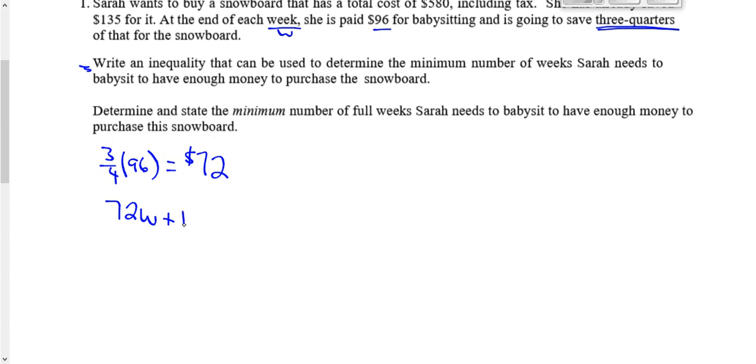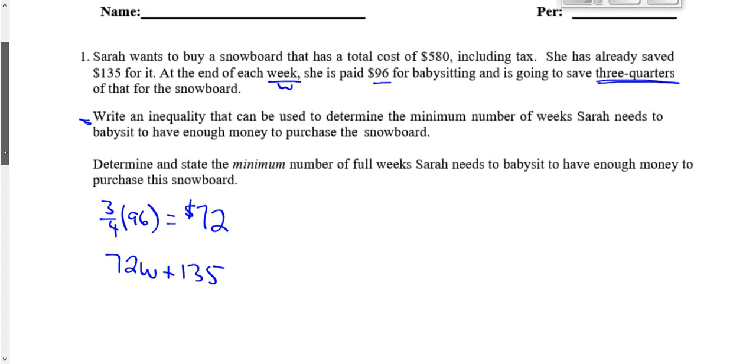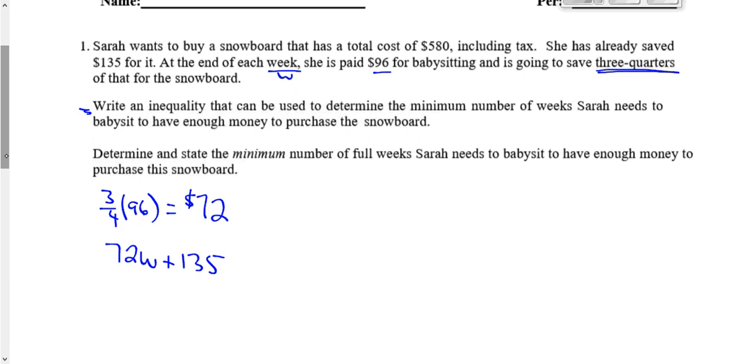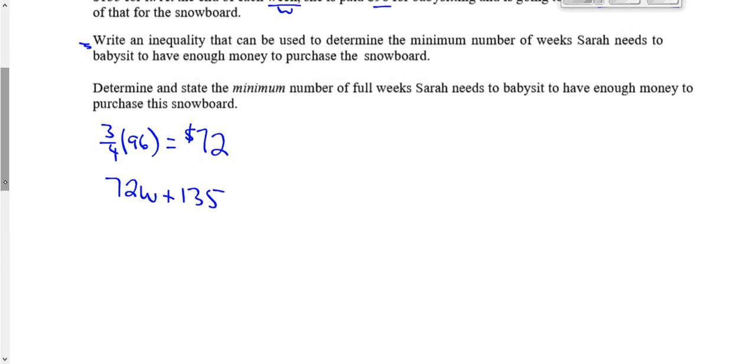She already has 135. Every week, she's saving $72 of her paycheck. She started with 135. How much money does she need to have? Greater than or equal to $580. So this has to be greater than or equal to 580.